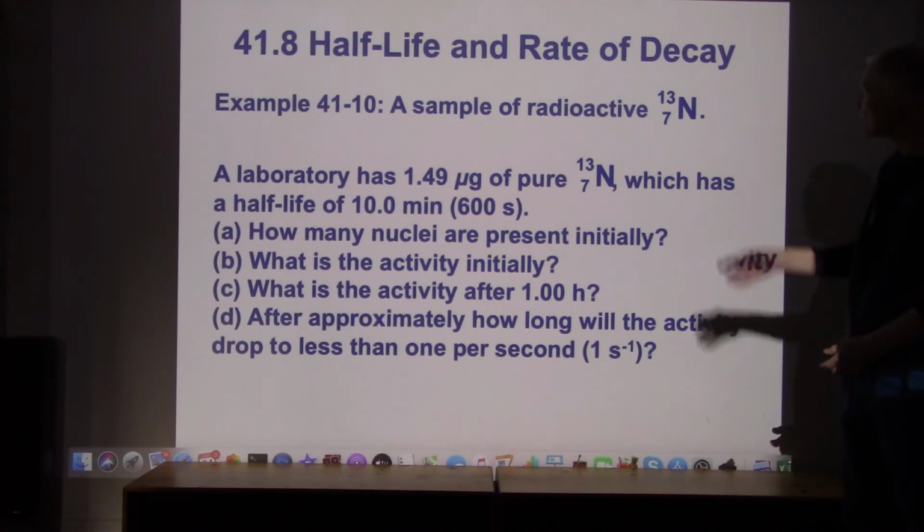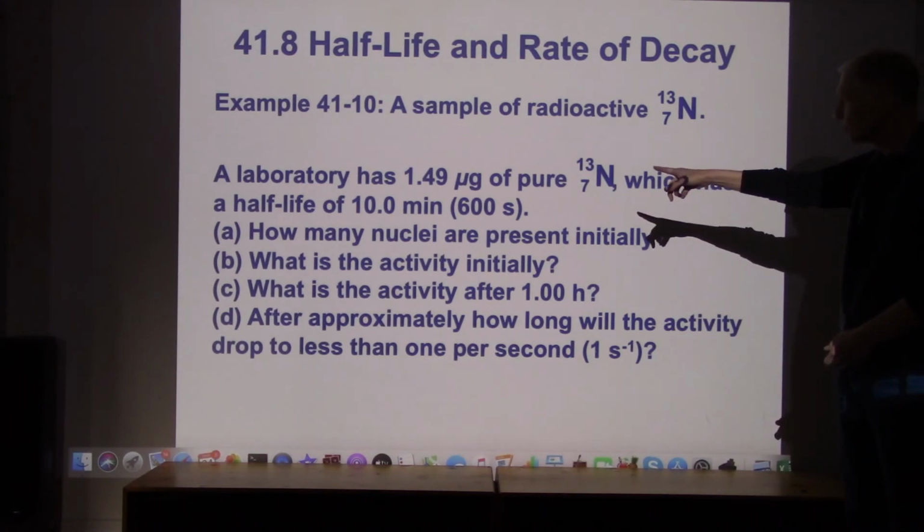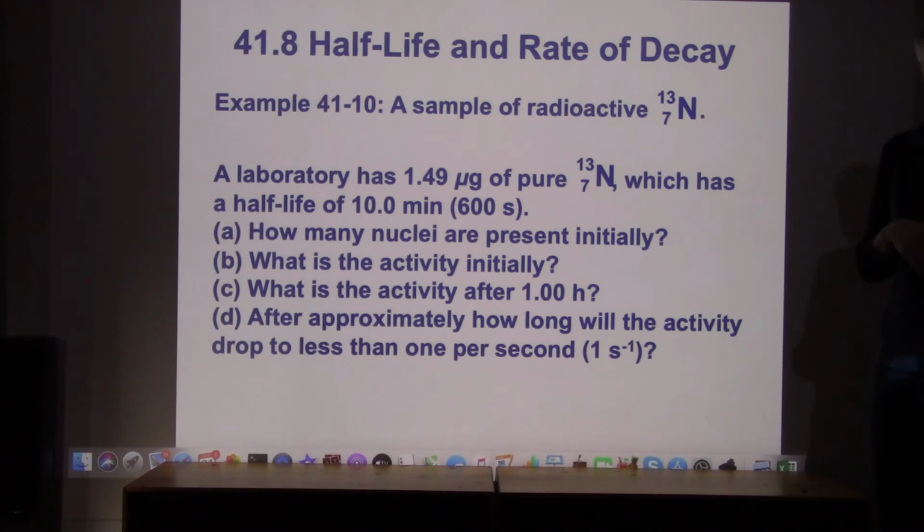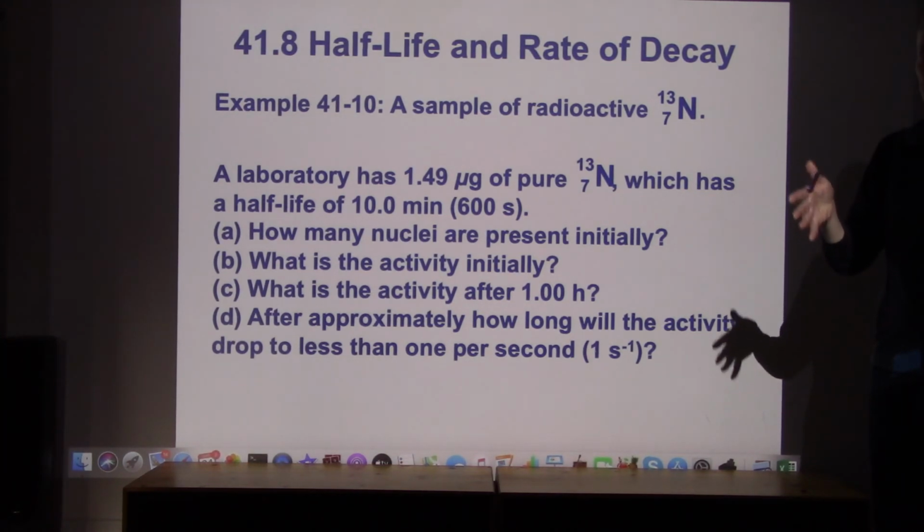Now what that says is if you're going to give a radioactive sample of something like this to a patient, you have to not just measure the dose accurately, you have to calculate at what time the patient needs to take that dose.